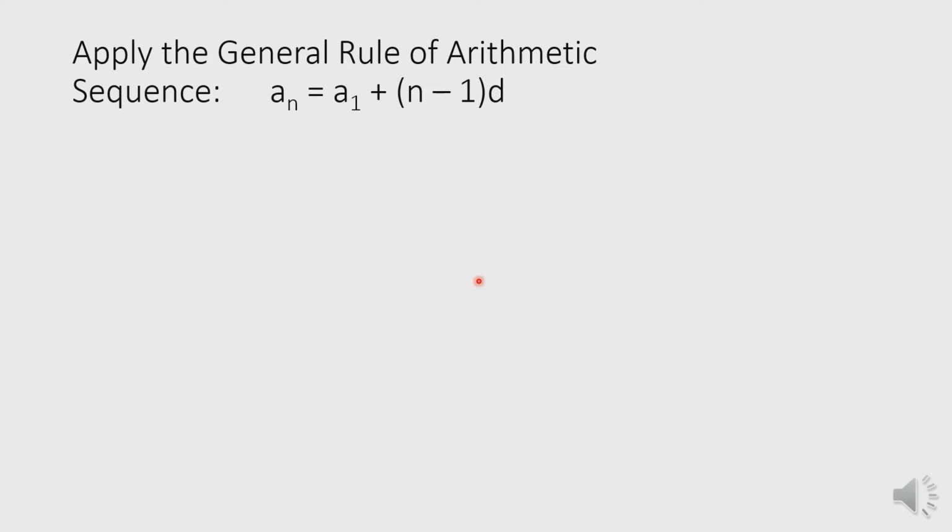Now, let's apply the general rule of arithmetic sequence, which is a sub n is equal to a sub 1 plus the quantity n minus 1 times d.